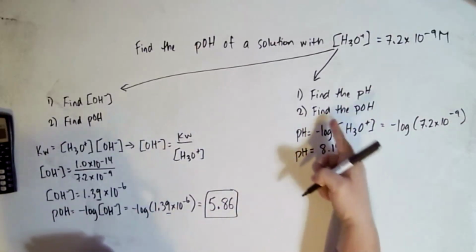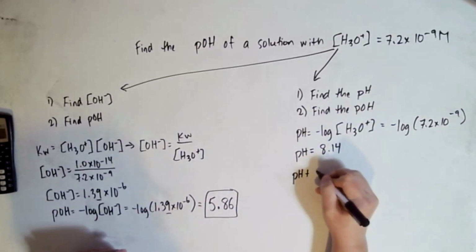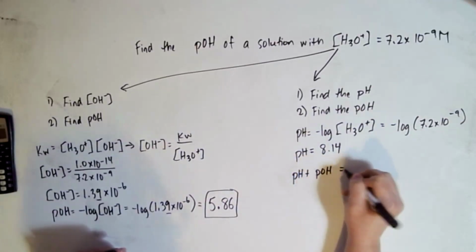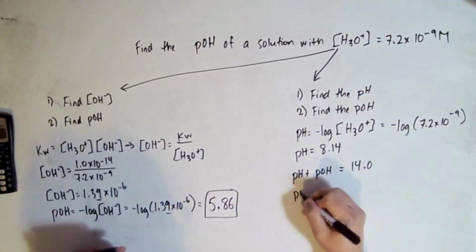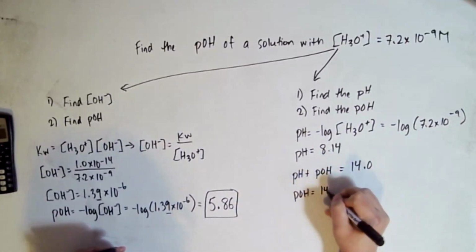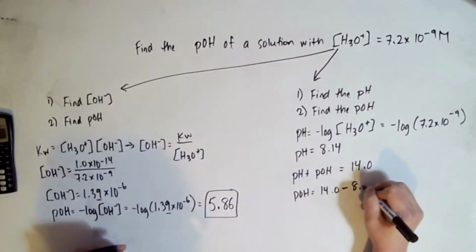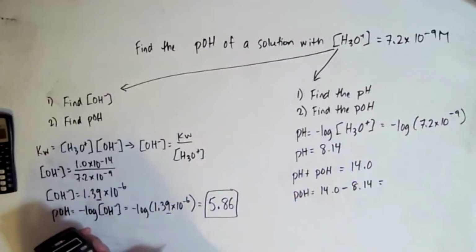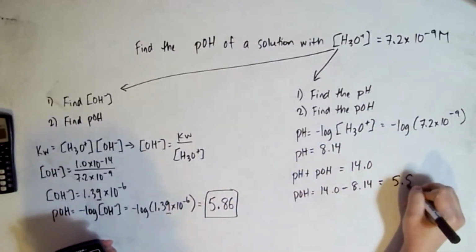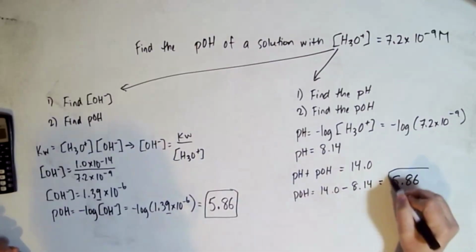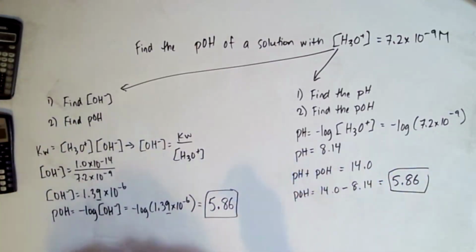And then step 2, to find my pOH, I'm going to remember that pH plus pOH equals 14. And so my pOH is going to be 14 minus 8.14, which is 5.86. So either of those methods are perfectly valid to answer that question.